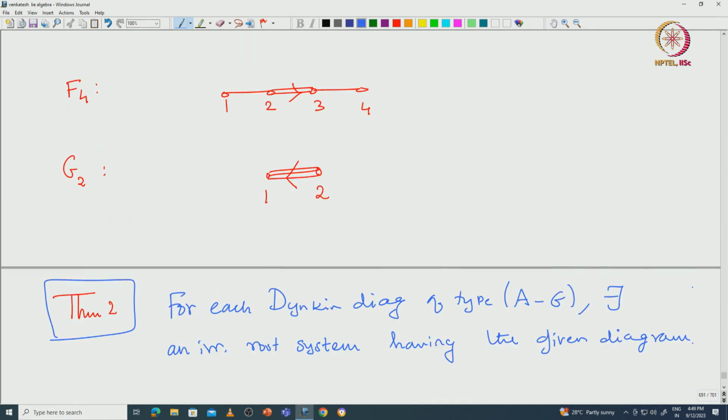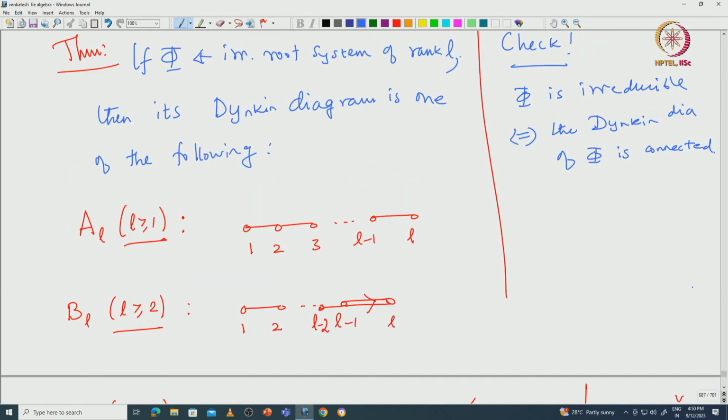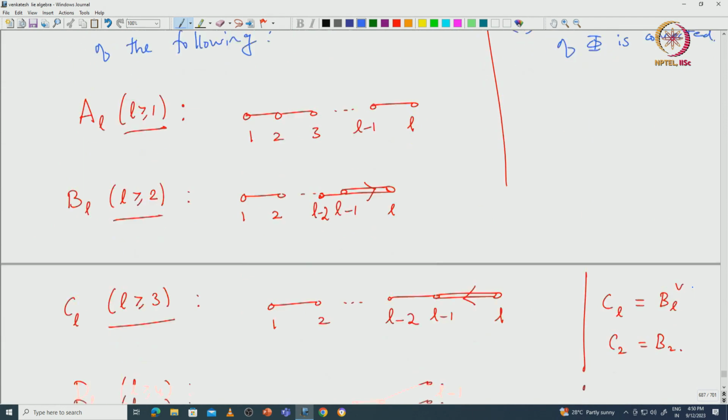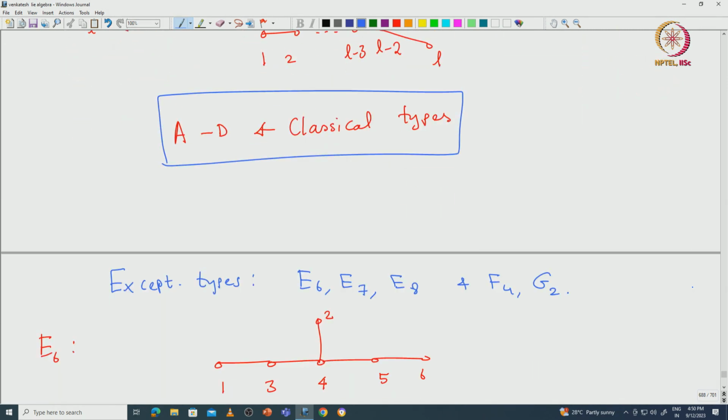So for each diagram here we have one irreducible root system. That means this list exhausts all the irreducible root systems and completely classifies them up to isomorphism.